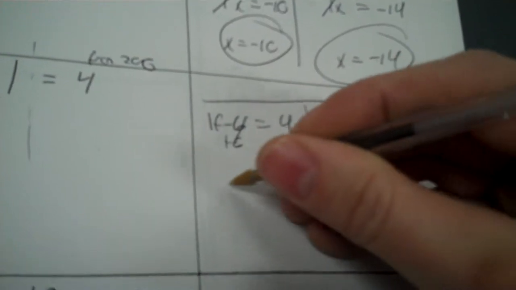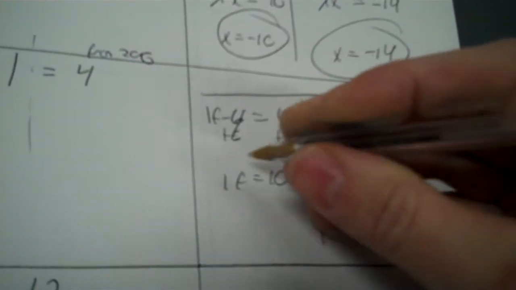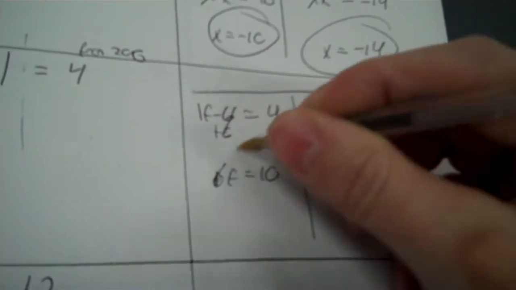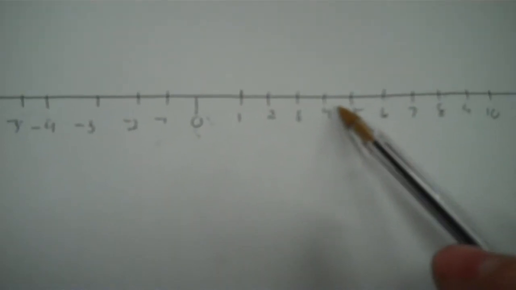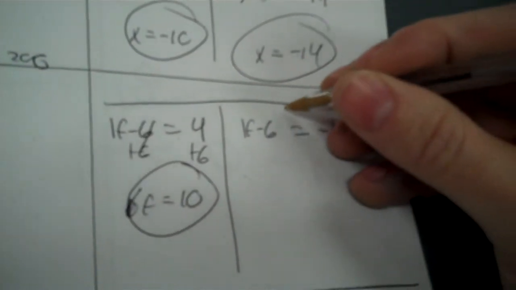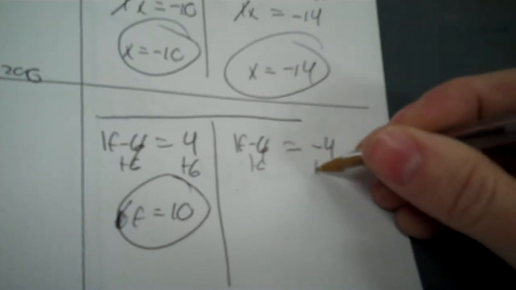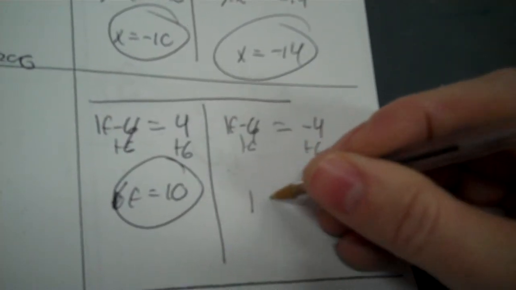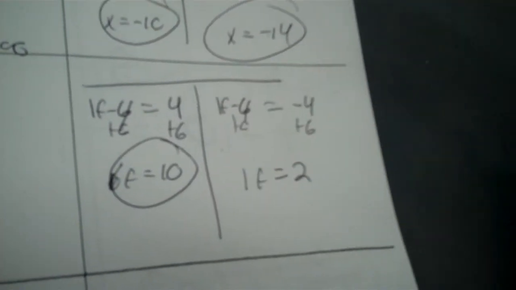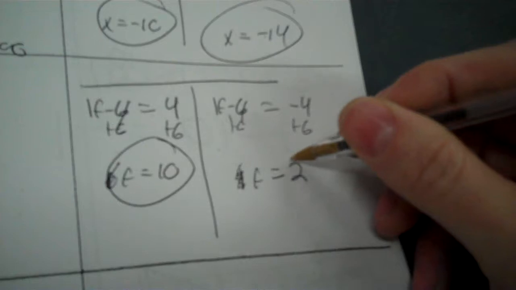+6 +6, f equals 10. You can divide by 1 or just take it away. So 10. 10 minus 6 is 4, and 4 is 4 units from 0. Here, +6 +6, -4 plus 6 is 2. You can divide by 1 or just take the 1 away, okay?